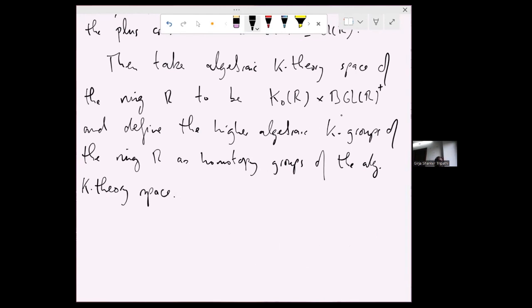Since pi 1, pi 2 don't depend on this, for other groups we take just this space. We put this only to match the pi 0 of this space with K0 R.